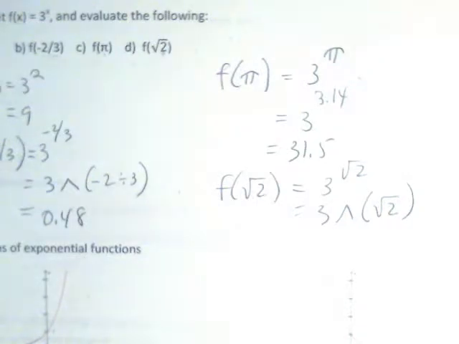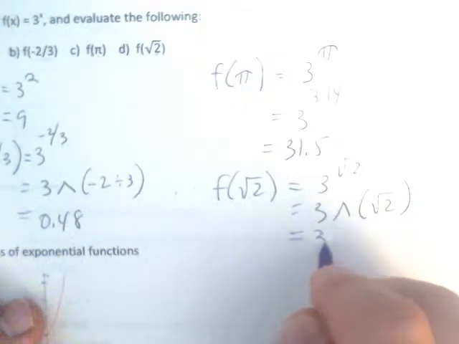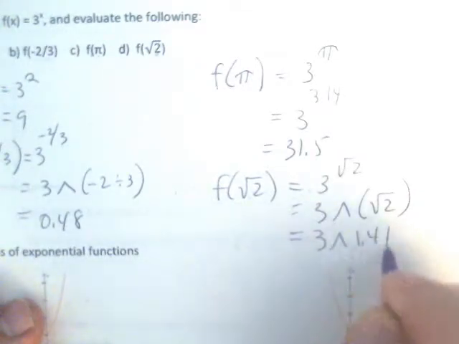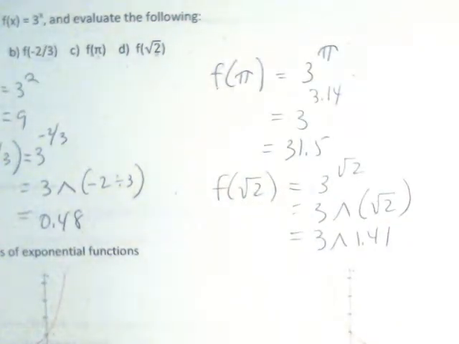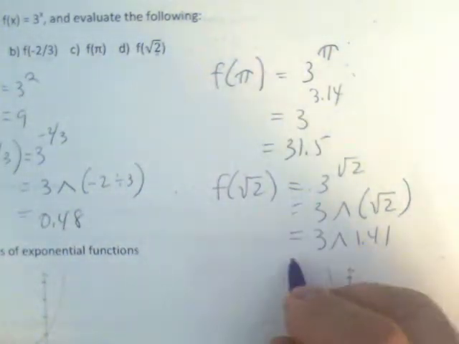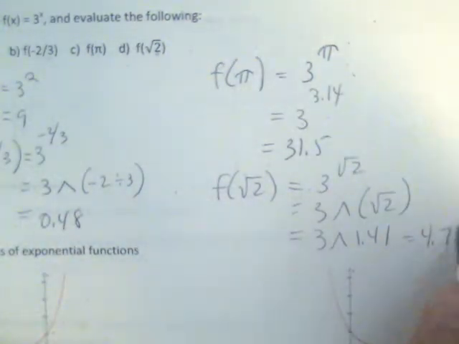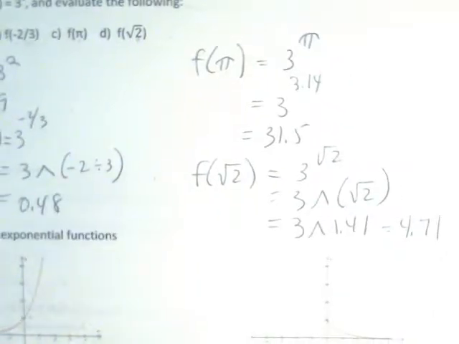So you could certainly find the square root of 2 first, which is 1.41, and do it that way. Those are your choices. And that's 4.71. I'm running out of room there, so I'm just going to write it off to the side.